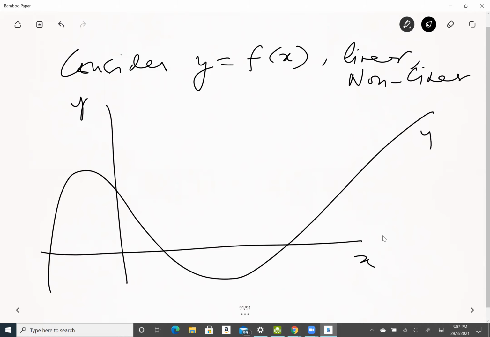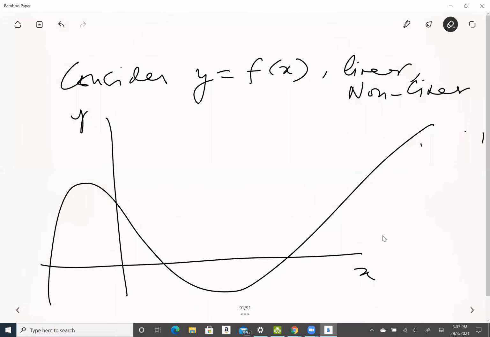Most of the functions that we come across in this topic will be non-linear. Linear, of course, you already learned in chapter number 2. So we do derivative, and most of the functions will be general functions, including linear and non-linear. So let me clean it up.